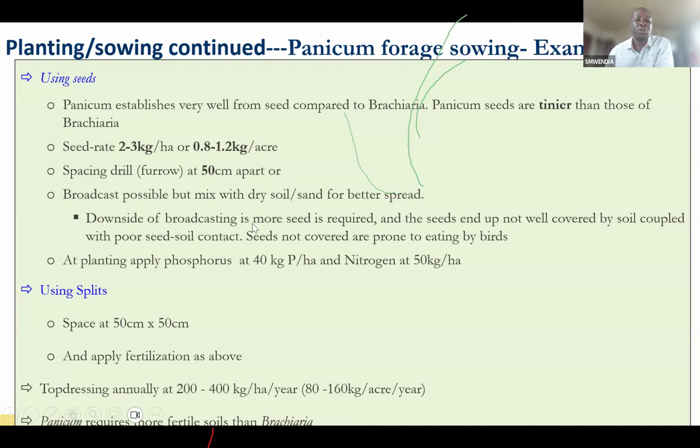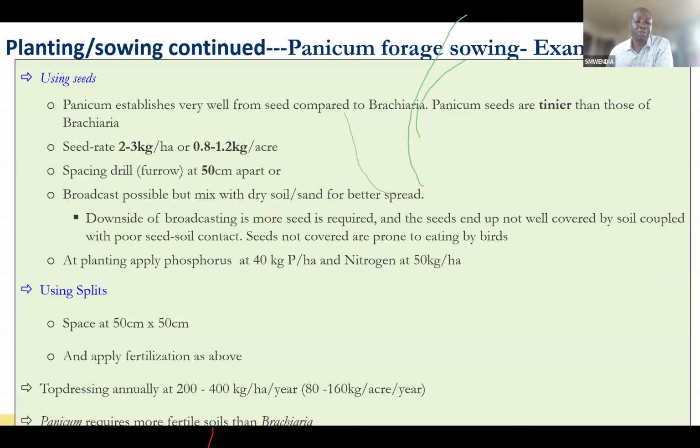So it will also require phosphorus, and what we have seen over time is that panicums require more fertile soil than Urochloa or the Brachiaria, because one, they are more productive also, and for those who have seen panicum fields, they grow very fast, very quickly. That means they are also taking nutrients from the soil.